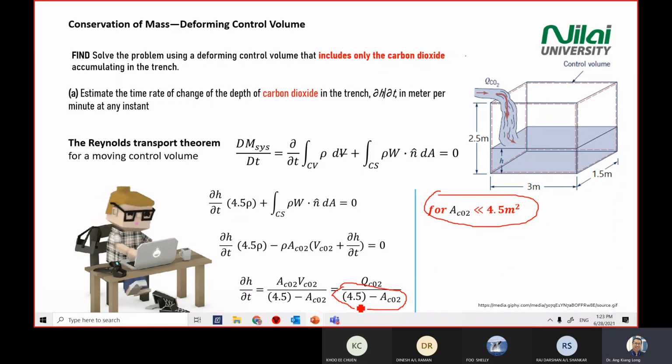So for this question, you want to get a positive value for your answer. So your denominator below this one must be positive. So your area of your CO2 is less than 4.5 meters square.